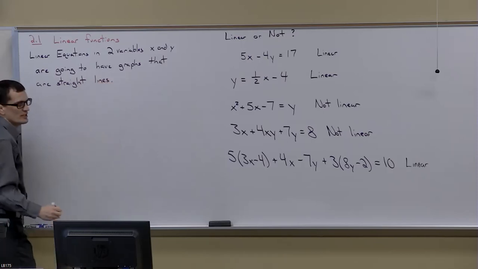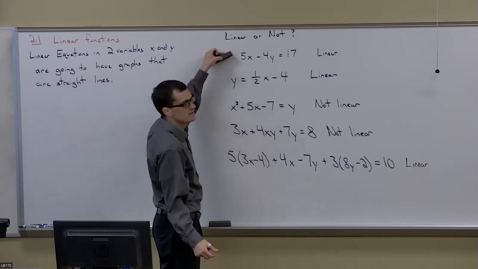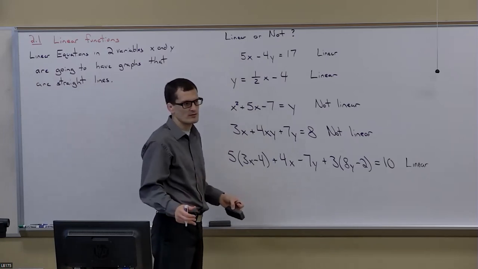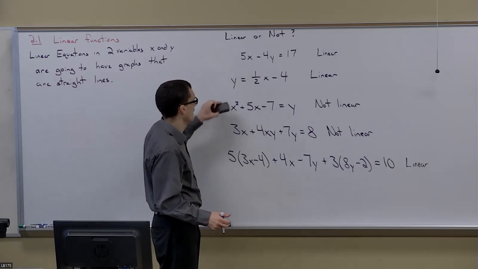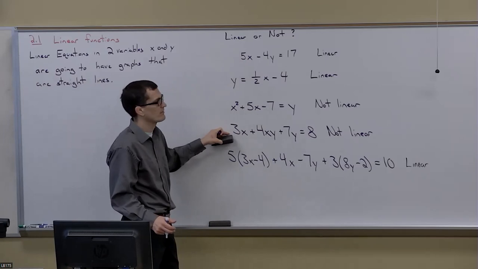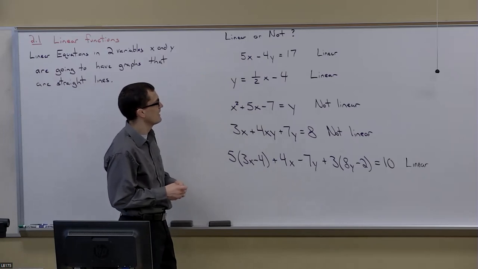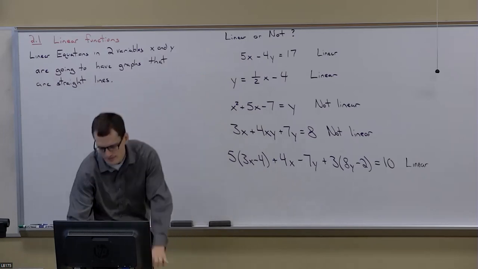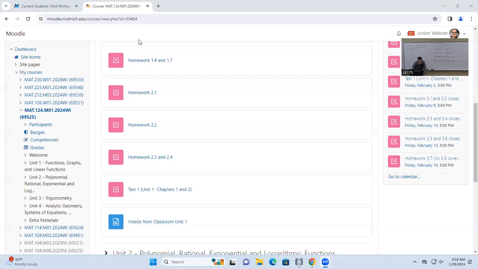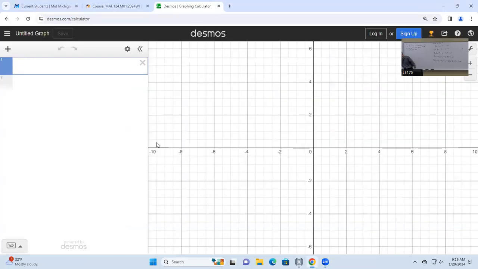So each linear equation has a graph that's a straight line. Okay. So if we went to graph this one, or this one, or this one, you'd end up with a straight line of some sort. Not this one, also not this one. But any one that's linear is a straight line. In fact, let me go ahead and take a look at Desmos, and I'll graph a couple of things with Desmos.